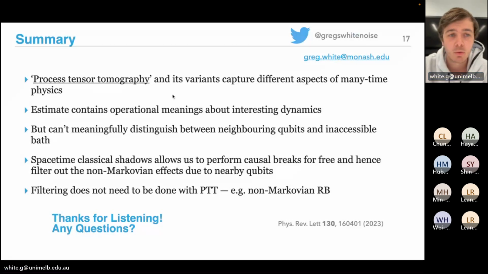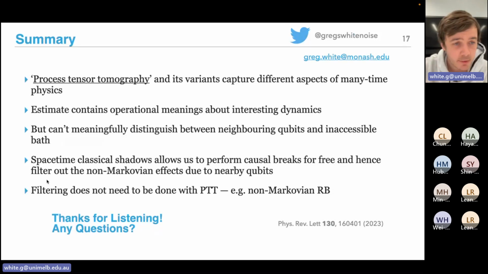And so what the introduction of classical shadows allows us to do is perform causal breaks and determine the process tensor on each qubit with a causal break applied to each other qubit. And this hence filters out the non-Markovian effects due to passive crosstalk with those other qubits and allows you to see what is the noise due to an inaccessible environment.